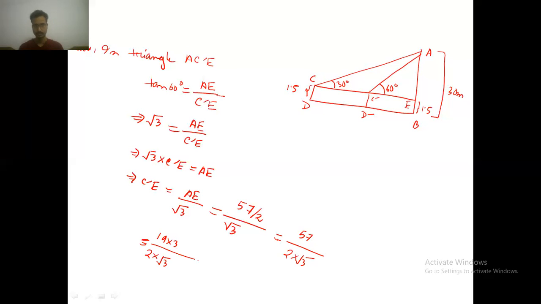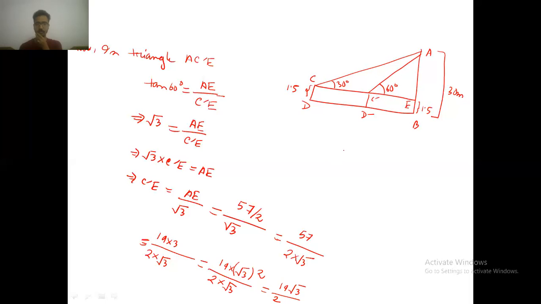Here 3 we can write as √3 whole square: 19 into √3 whole square by 2 into √3. One √3 will get cancelled, so it will be 19 √3 by 2. So the value of C'E is 19 √3 by 2.